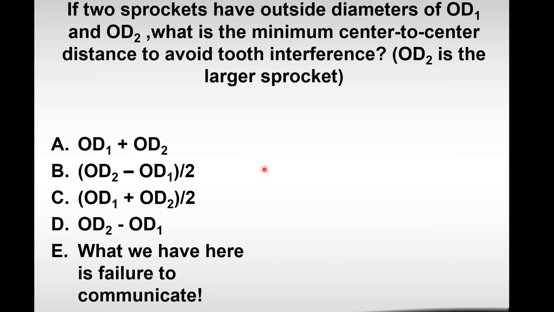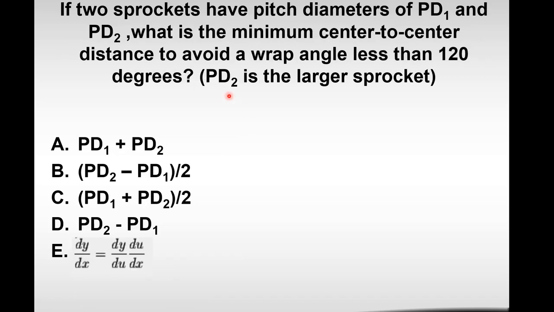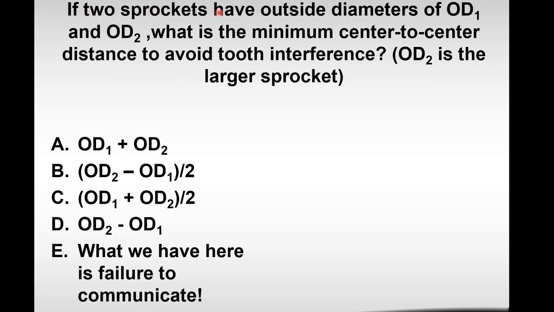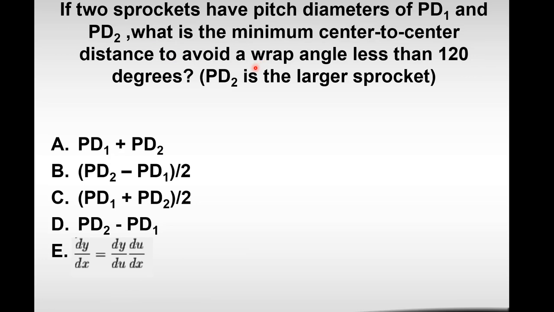Okay, so here's a couple of survey questions that you can take a shot at answering. Try to do this before class on Thursday. Here's two of them right here. One is, if two sprockets have outside diameters of these values, what is the minimum center to center distance to avoid tooth interference?